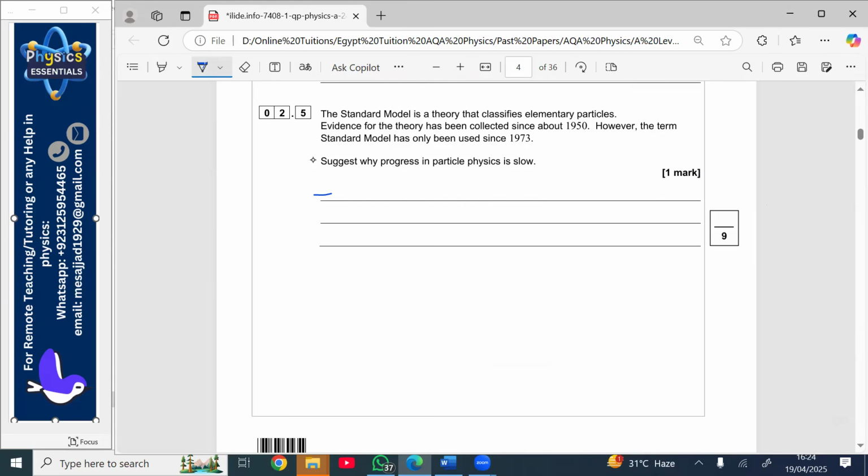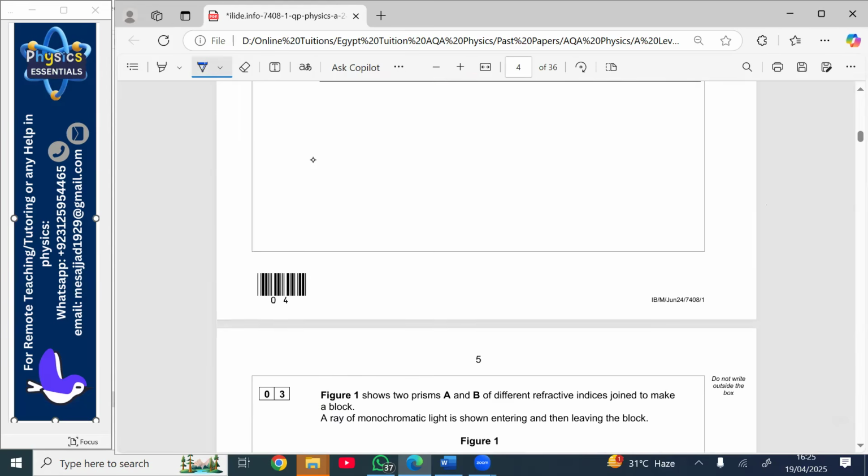And what's the reason for that? Of course, you need international collaboration and a lot of funds to do the research. So therefore, the work on that is very slow.